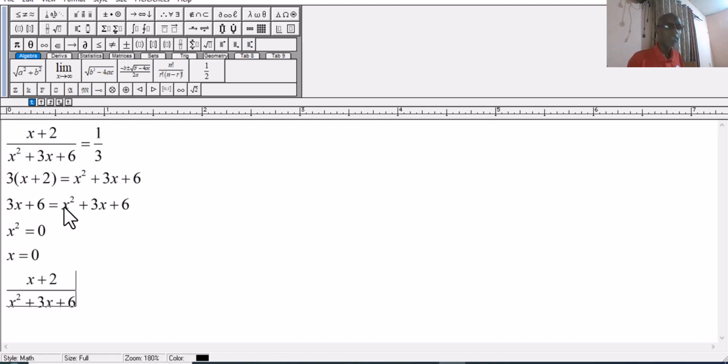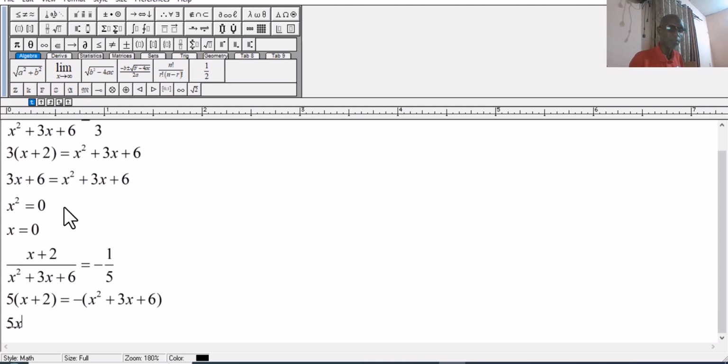Then when this is equal to minus 1 over 5, we have 5 times x plus 2 equal to minus x squared plus 3x plus 6. So we have 5x plus 10 equals minus x squared minus 3x minus 6.